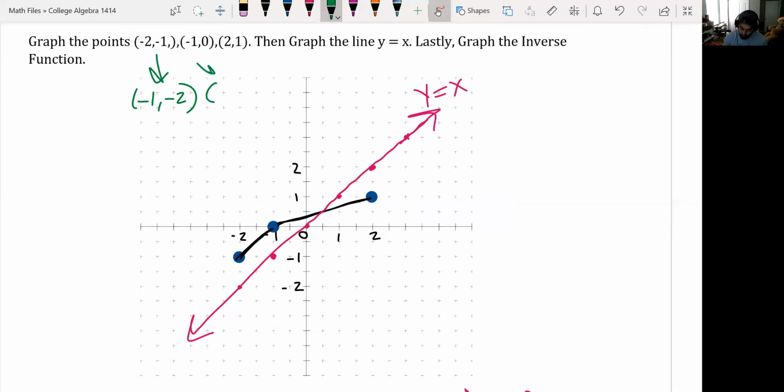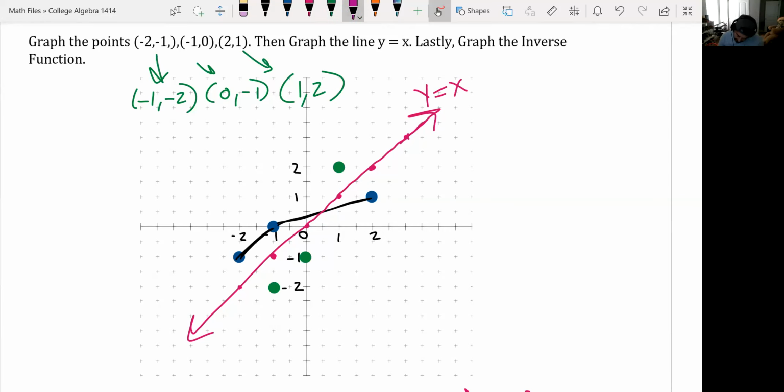You'll get 0, -1, and you'll get 1, 2. So now we'll know which points apply. So -1, -2, down here. 0, -1, right there. And then 1 and 2.